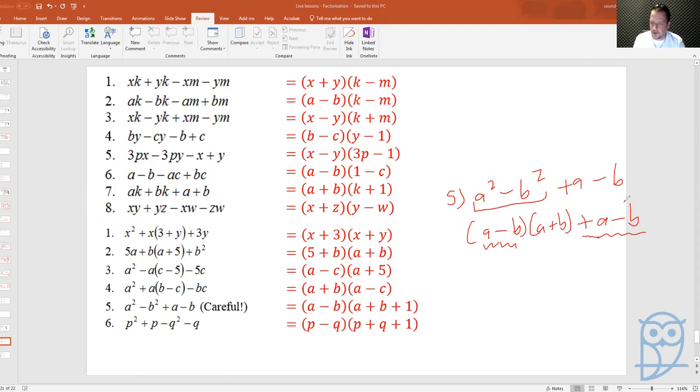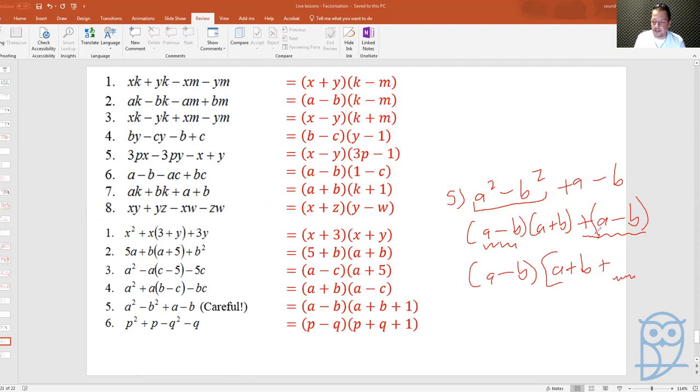But remember, how am I going to group this? If I keep the plus on the outside, I don't have to worry about my middle signs, and that's how come I can put brackets in there without changing anything. So I'm now going to take out a minus b as my common factor. And then what am I left with? I'm left with an a plus b over here, plus, but what am I going to put here?